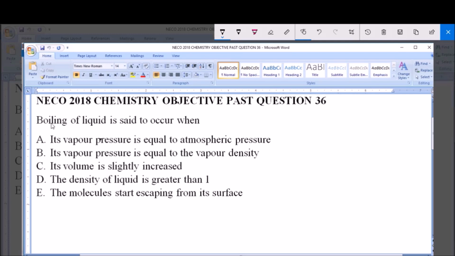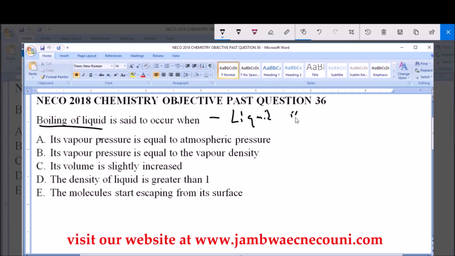Now, boiling of a liquid. Boiling takes place when a liquid is heated to its boiling point.